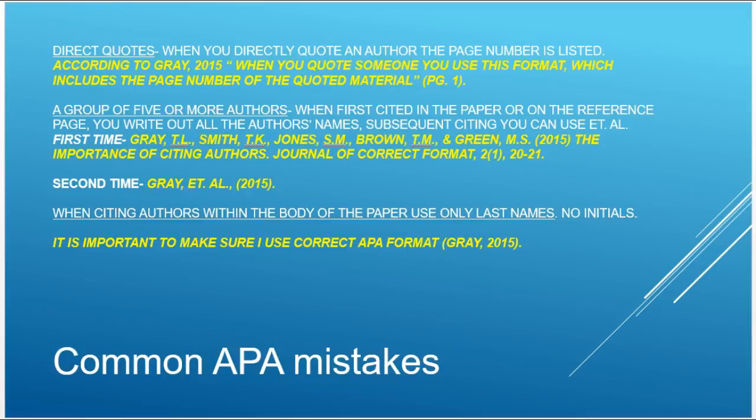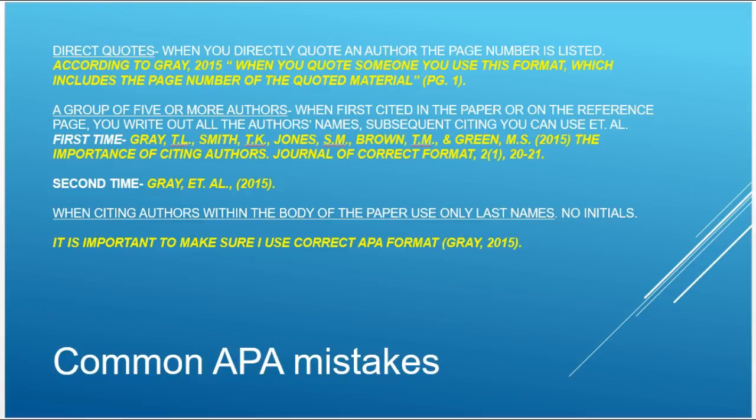Another mistake that students frequently make, we get a lot of confusion when we have a group of 5 or more authors. The first time you cite them in the paper, or always on the reference page, you write out all the authors' names. Subsequent citings of these authors is when you can use the et al.